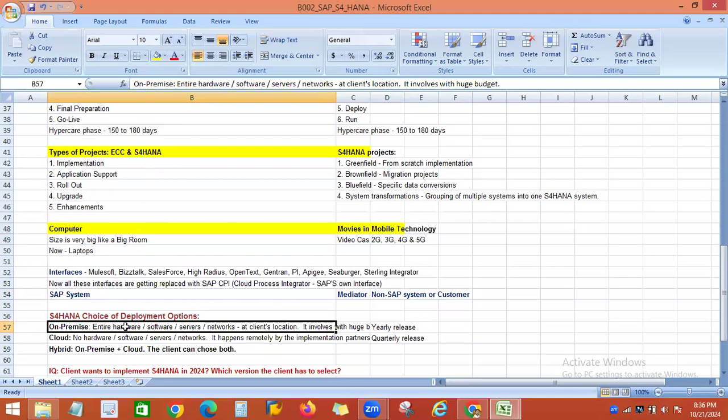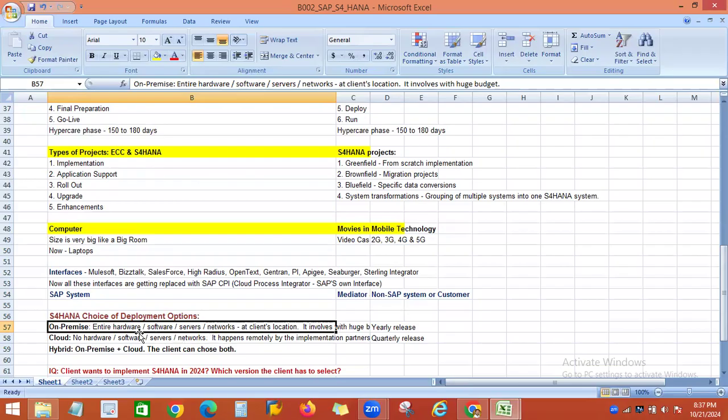On-premises means the client has to allocate one place where their database should be. Database is nothing but memory, hardware, hard disk. The entire hardware, software, services, and network at the client location involve a huge budget. So it requires more budget.